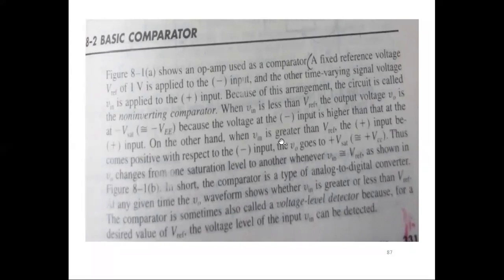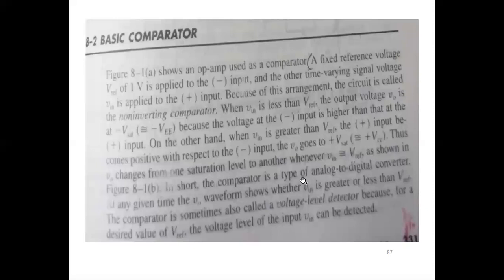On the other hand, when V in, connected at the positive terminal, is greater than V reference at the negative terminal, then V naught will go to plus VSAT. Thus, the output changes from one saturation level to another whenever the input V in goes above and below the V reference value.